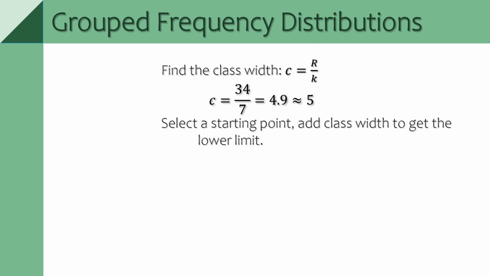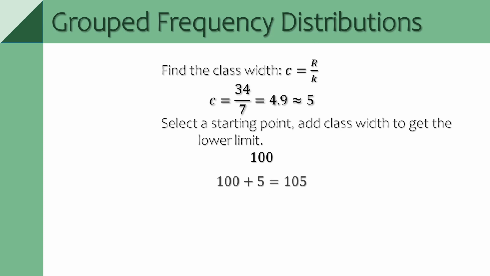Okay, so next is select the starting point and add the class width to get the lower limit. So kanina, yung starting point natin, sabi ko nga, ay ito yung lowest value. Ano ba yung lowest value natin? Diba 100. So ngayon, para makuha natin yung lahat ng lower limits natin, so i-add natin yung class width natin.